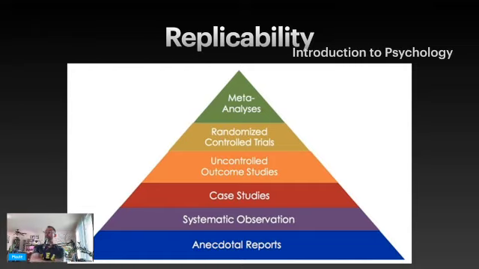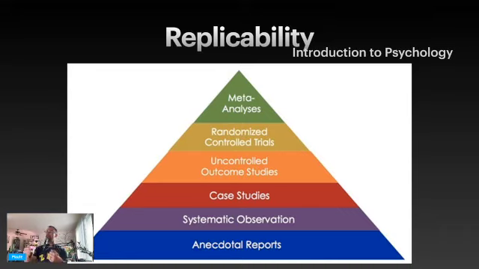If you are writing everything I'm saying down in a panic, please know that I'm about to unpack everything that I'm saying. Okay. I left off at uncontrolled outcome studies. Those are like correlations. This variable is correlated with this variable. It's called uncontrolled because the researchers aren't able to control for what are called confounding variables. You will know what that means in a few minutes.